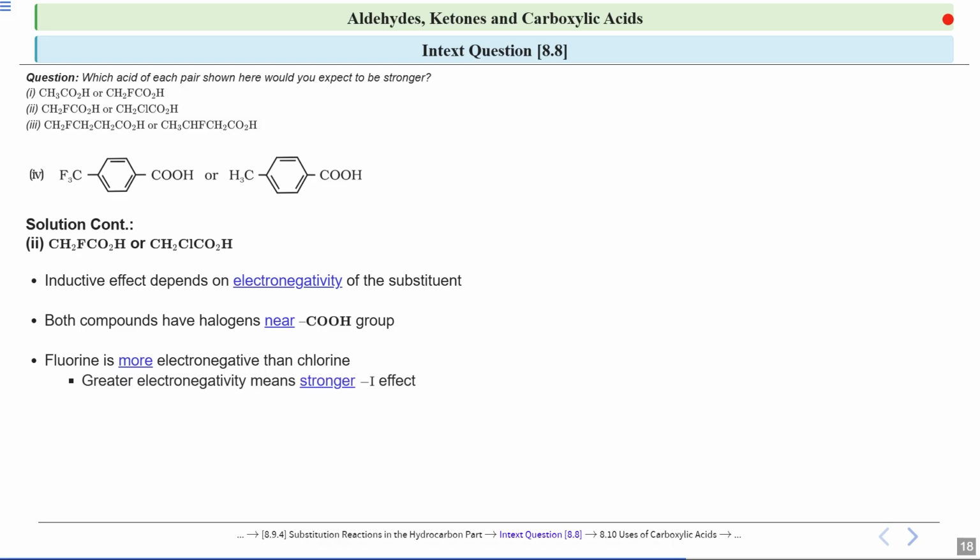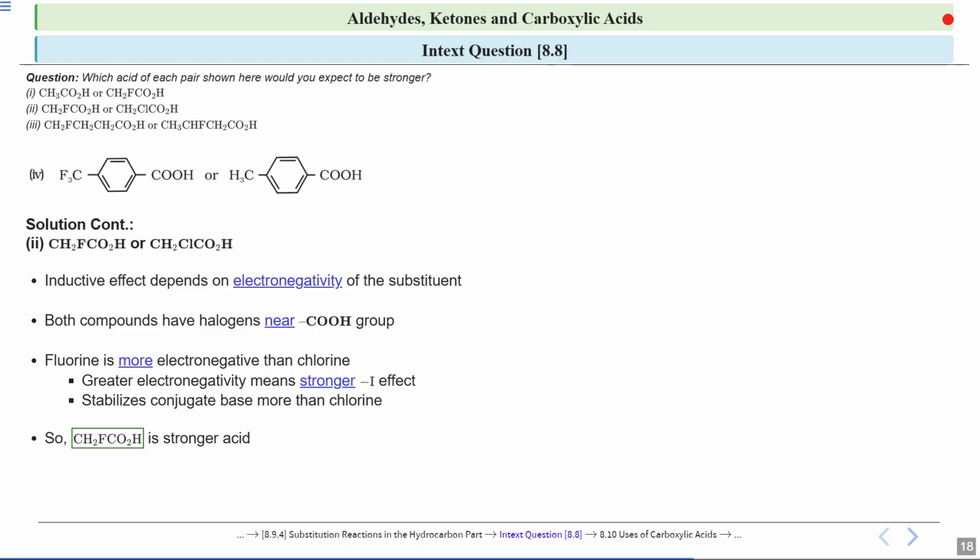Because fluorine is more electronegative, it creates a stronger negative inductive effect, which is called the -I effect. This effect pulls the electron density away from the carboxyl group, which makes it easier for an acid to lose a proton. As a result, the conjugate base formed after the acid loses a proton is more stabilized when fluorine is present compared to chlorine. So this stabilization makes the acid with fluorine a stronger acid.